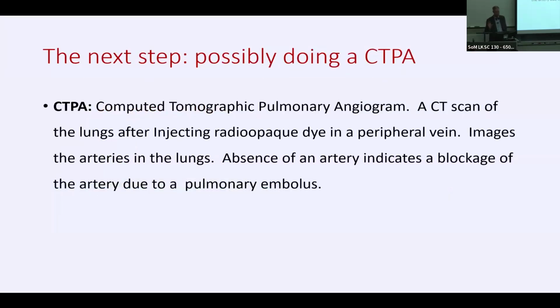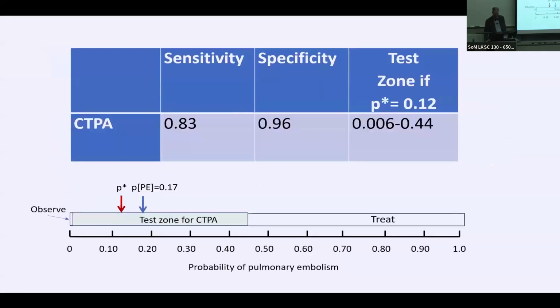So the next step, possibly do a CTPA. And for those of you who are not physicians, I've written a little bit about what a CTPA is. It's basically an angiogram done with a CT scanner, and it's a pretty good test. We'll see here, sensitivity 83%, and very high specificity.